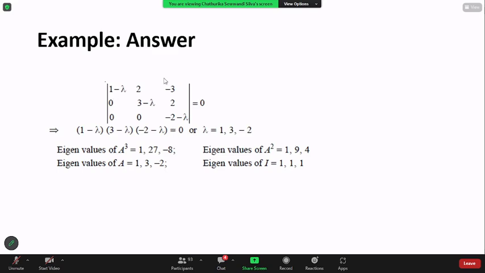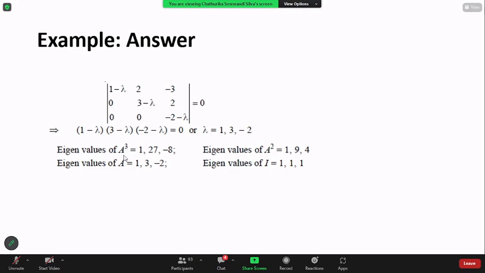You didn't calculate again the determinant. If you are going to calculate, first you need to calculate A to the power 3. If you do not know the properties which I told you before, you need to multiply A 3 times.